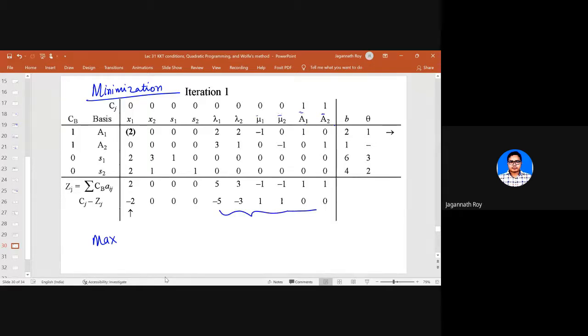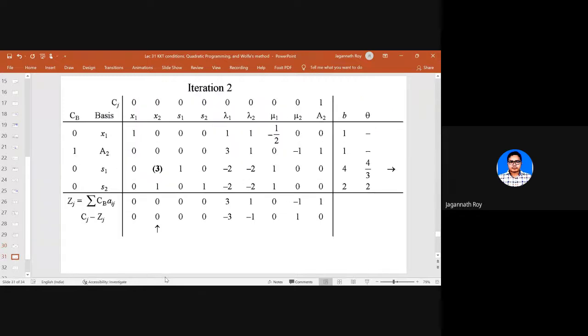We have to find x1 and x2. So x2 will enter the basis, and for this minimum theta we have to calculate that a1 is leaving, so x1 will come to this place.